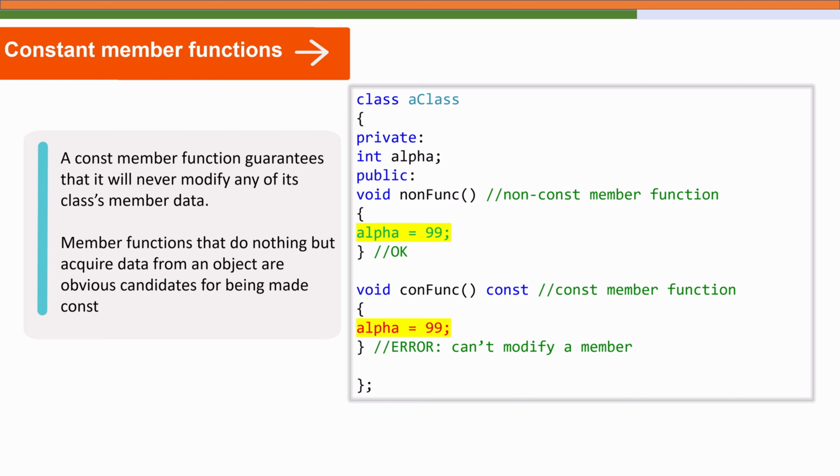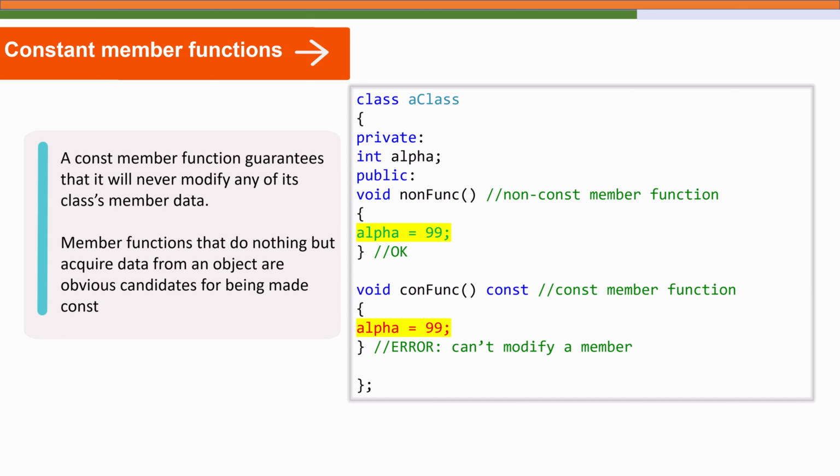But in the second function, the function is declared as a constant member function. So when we try to modify the value of alpha and set it to 99, this will report an error that you cannot modify a member. So this is how constant member functions work.